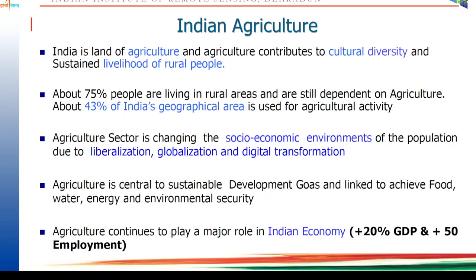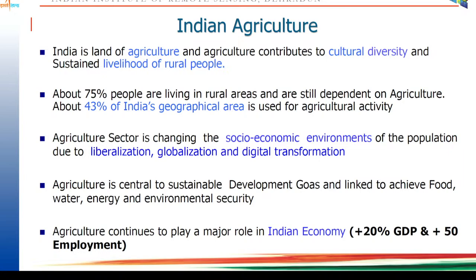So for development of this rural India, we need to have a better agriculture, better monitoring of agriculture. Apart from that, the agriculture sector is also changing its socio-economic dimension due to liberalization, and recently the government of India has also pushed digital transformation, which makes agriculture a more attractive enterprise.